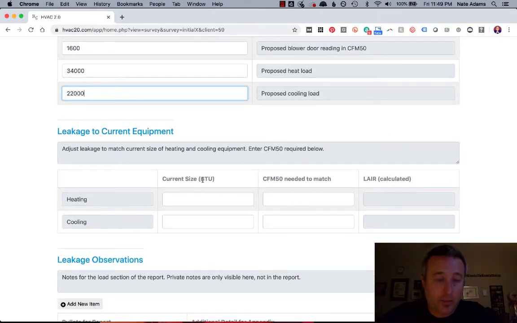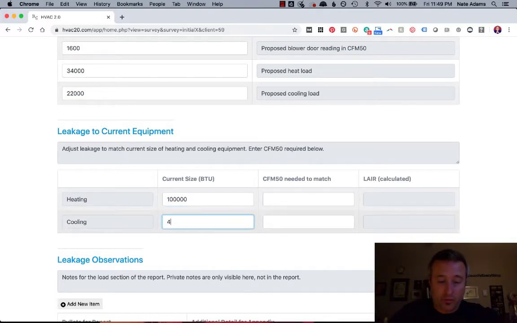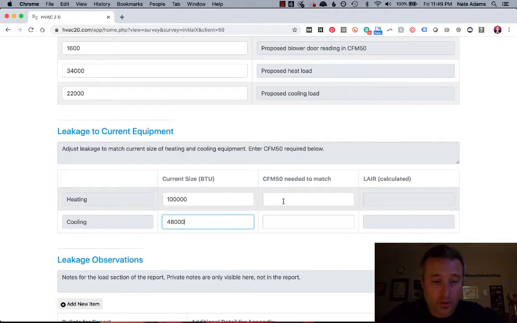Then I put this house in as having a 100,000 BTU furnace and a 48,000 BTU air conditioner. Now, to true it, you may see numbers like this. The house is at 2,800. On the one that I just did this week, the equipment was really oversized, and so in that case, I needed to take it to 15,000 blower door.